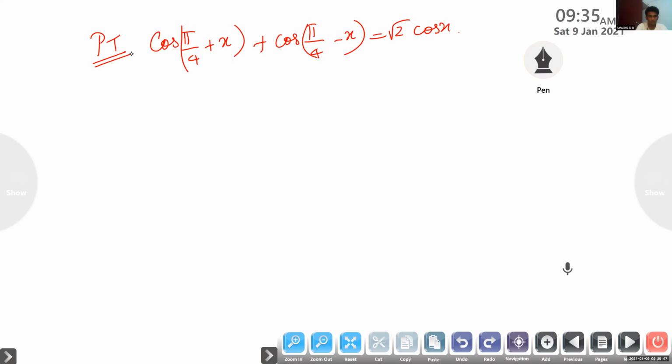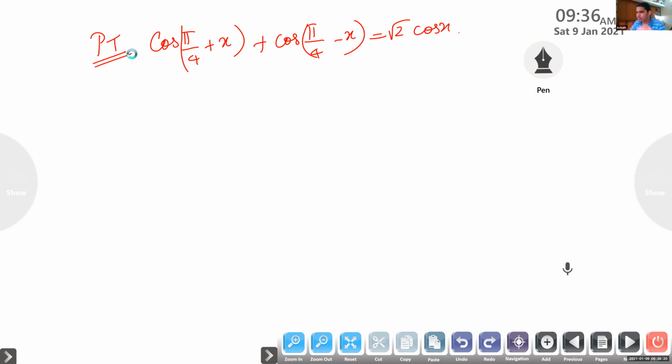Yes, Achyut, what is cos C plus cos D? I'm asking the formula. 2 cos A plus B into sin A minus B by 2.